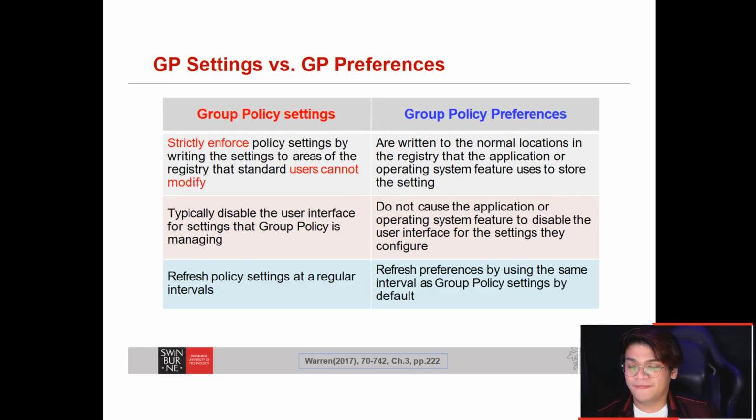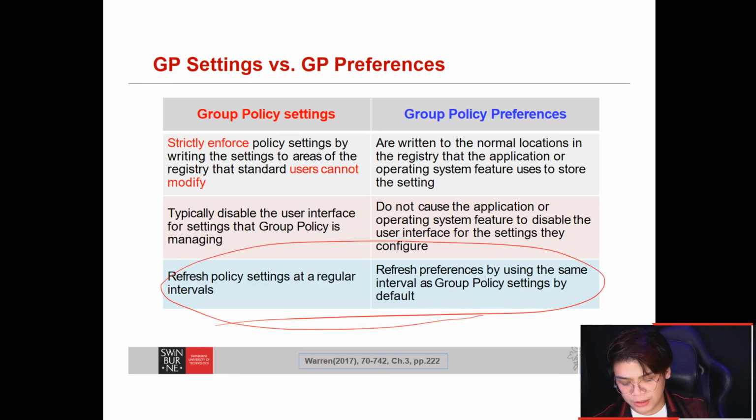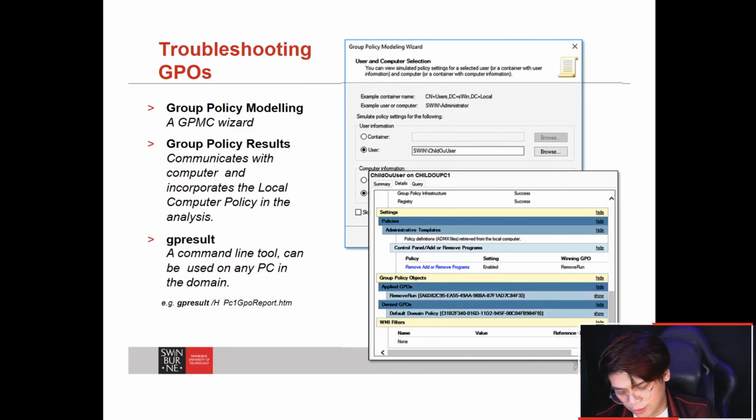And the GP preferences do not cause the application or operating system feature to disable the user interface for the settings they configure. For settings, group policy refreshes at regular intervals, while preferences are refreshed using the same interval as group policy settings by default. So it basically refreshes the same way, but this one is more like a preference instead of strictly enforced settings.